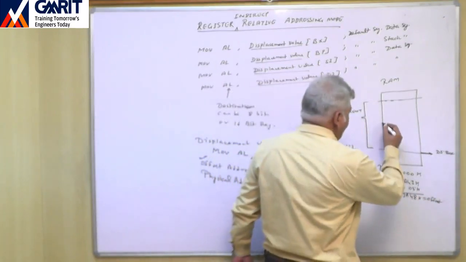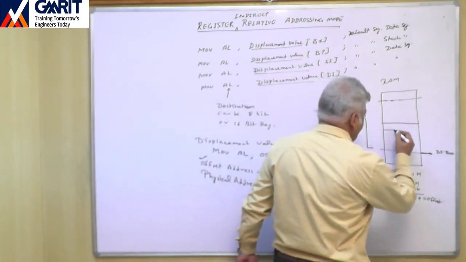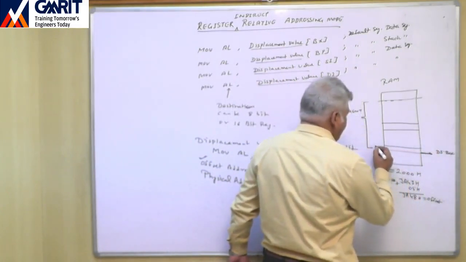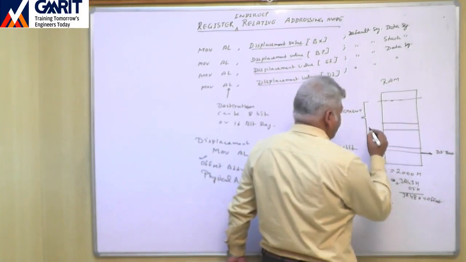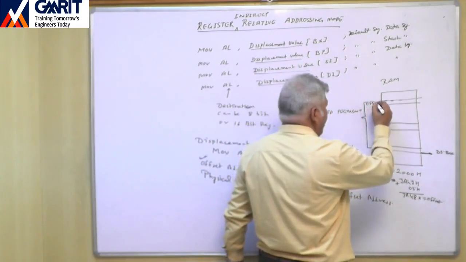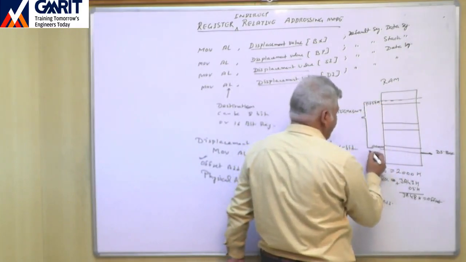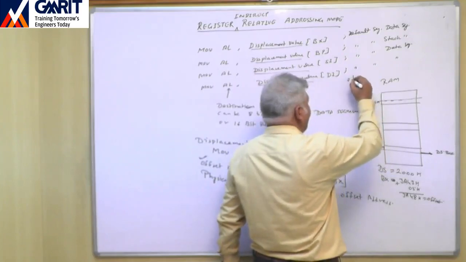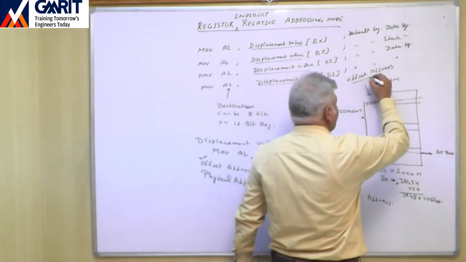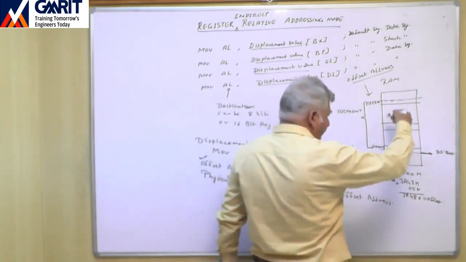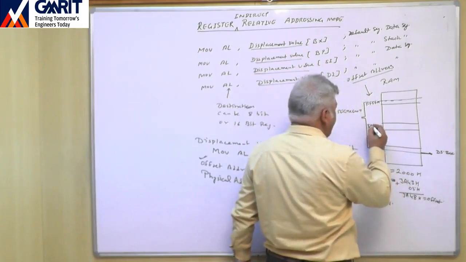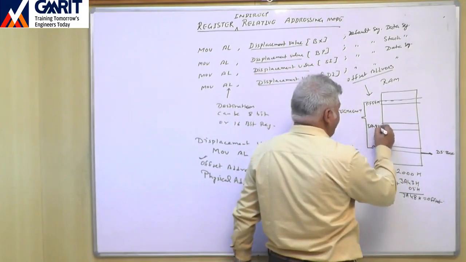Somewhere here we will find that offset, right? The first location's offset address is 0000H, and the last location's offset address is FFFFH, right? So somewhere in between we will find this address 3A48H.